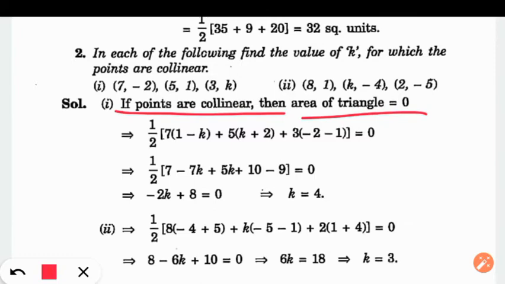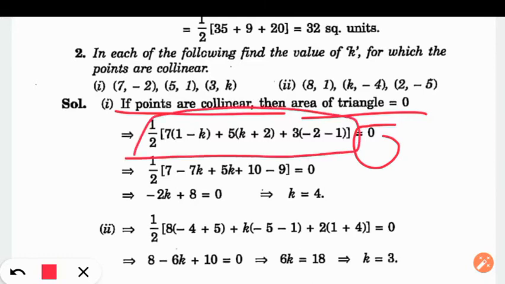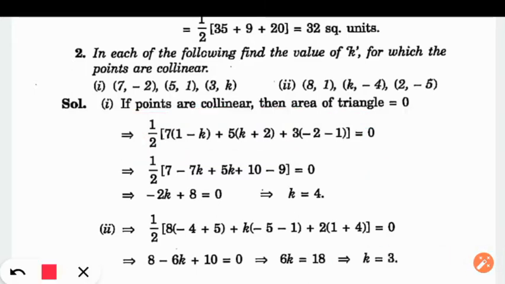Now by keeping 0 at RHS, apply the formula. Half x1 within the bracket, when x with 1, there should be y with suffix 2 and 3. So y2 minus y3 should be there. Here y2 is 1, and y3 is k. y2 minus y3. Plus x2, here x2 is 5, so plus x2 within the bracket.